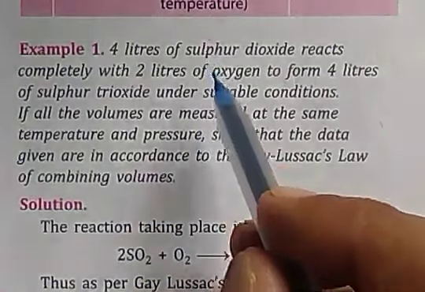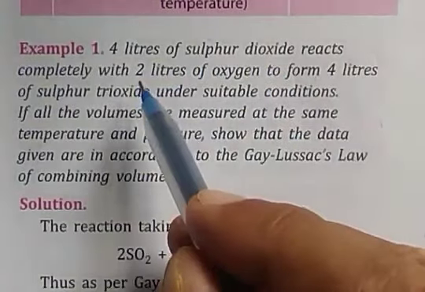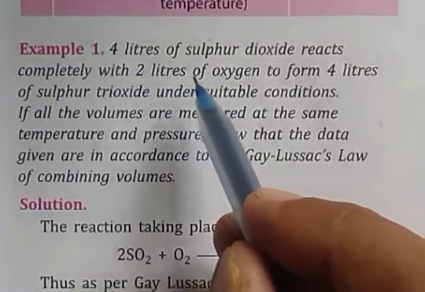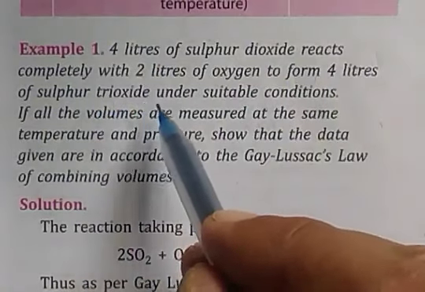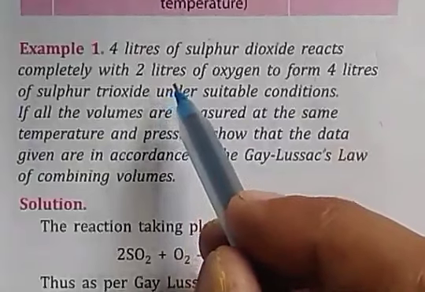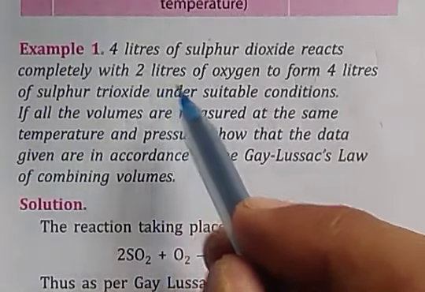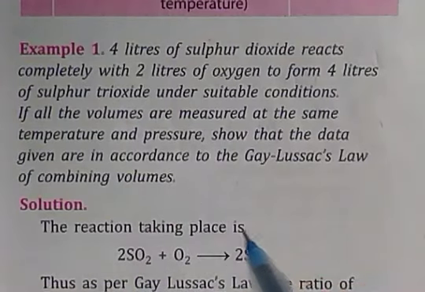Now the question says that if 4 liters of sulfur dioxide combine completely with only 2 liters of oxygen, then it forms 4 liters of sulfur trioxide. So does this data given in the question follow the Gay-Lussac law or not?